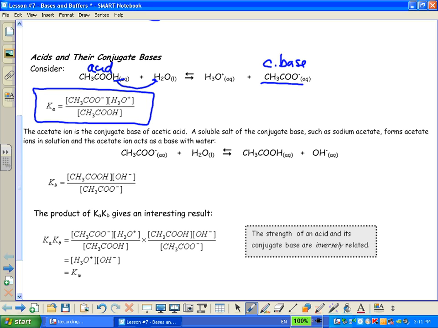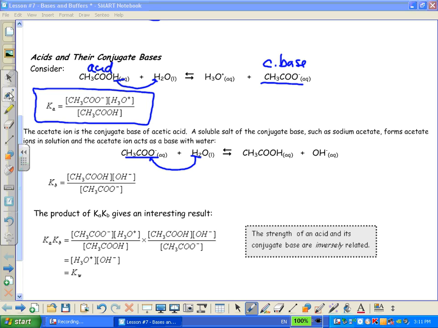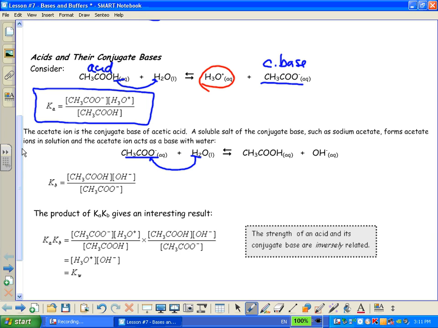If those acetate ions are reacted with water, acetate is going to want to accept protons from the water. Water will now act as an acid here and donate a hydrogen, so we get acetic acid back, but now we're left with hydroxide ions instead of hydronium ions like above. So we have hydronium ions here, and in this situation we have hydroxide ions.